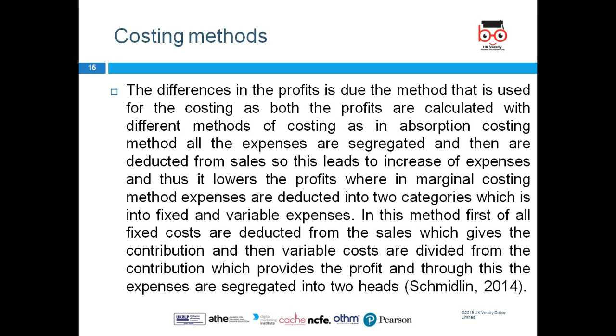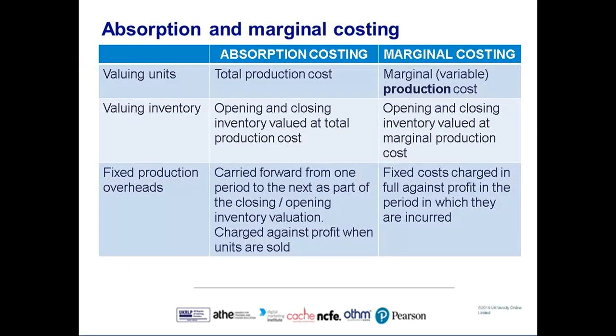Absorption costing is also known as full costing, where we absorb all costs. But marginal costing takes only the variable cost. So in valuing a unit, absorption uses the total production cost, but marginal costing uses the variable production cost.